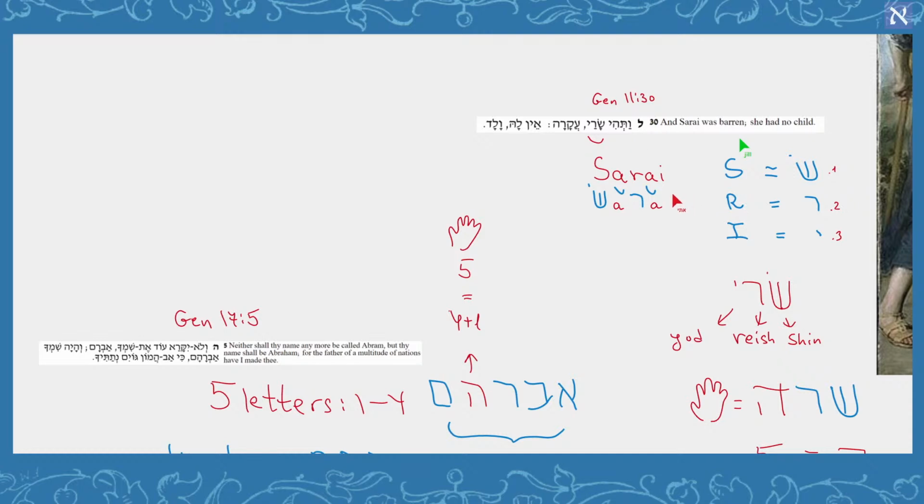And then another vowel A, and the letter Yod will be in blue, like this. And we have Sarai. Yes, her name is Sarai.